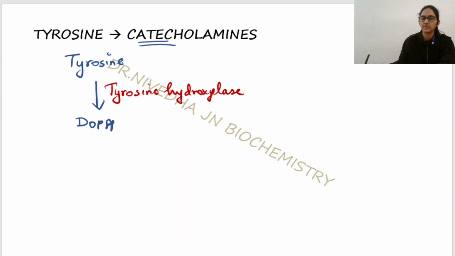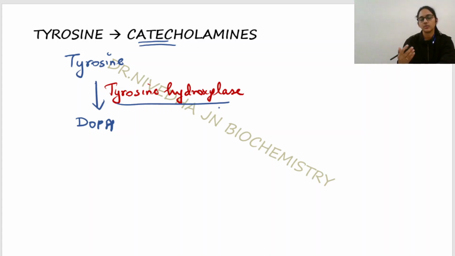Okay, dihydroxyphenylalanine. So even in melanin synthesis we saw tyrosinase converts tyrosine to dopa, is it not? So even in patients with albinism, this synthesis of catecholamines is not affected because tyrosine hydroxylase enzyme converts tyrosine to dopa and further catecholamines are synthesized. Now this tyrosine hydroxylase is similar to phenylalanine hydroxylase which we studied earlier.